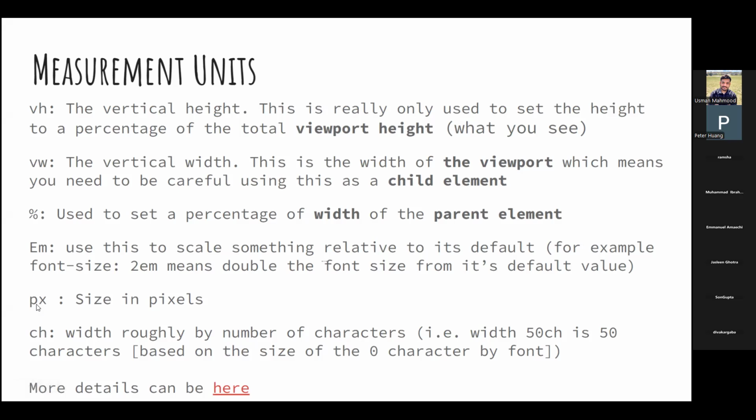It'll always remain that font size, regardless of how big your screen is. And CH is sizing based on the number of characters, based on the width of the 0 character of the font by default. On the slides, if you want to find out more, you could click here.